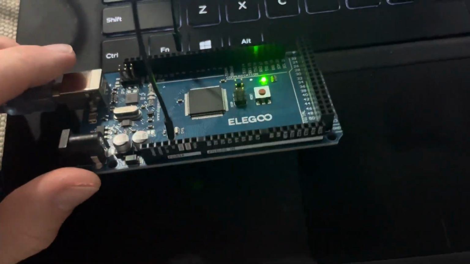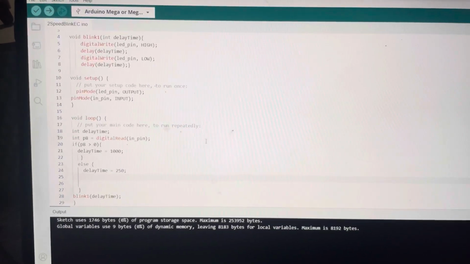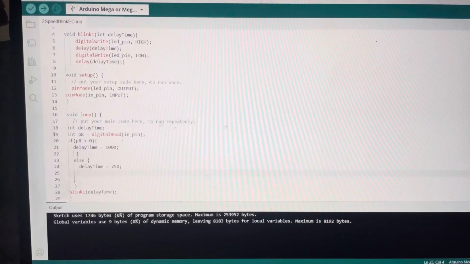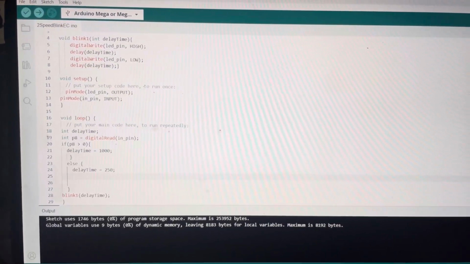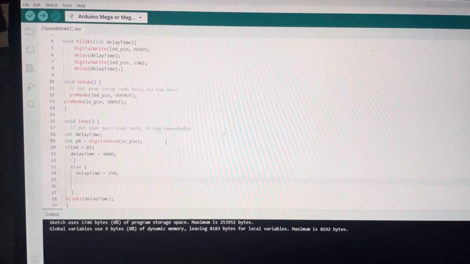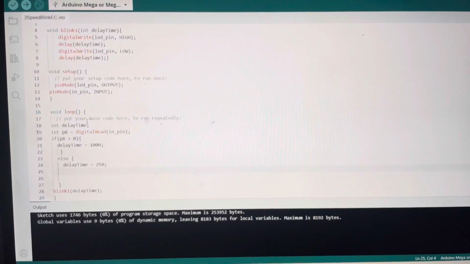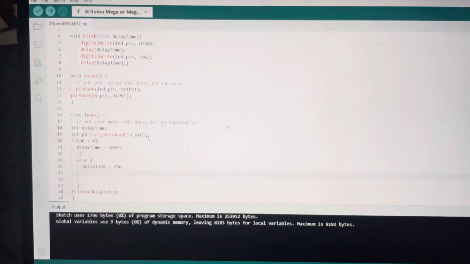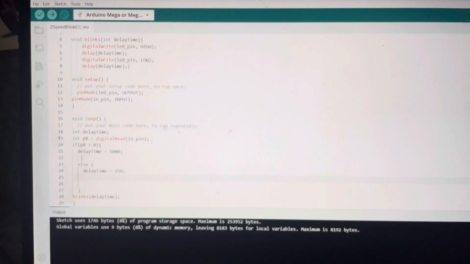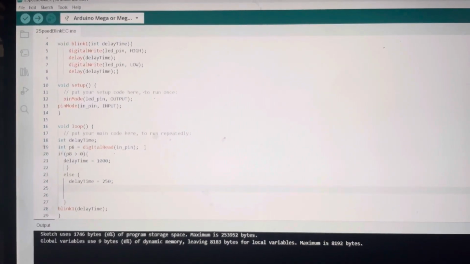Explaining the loop, our integer delay time is what we have defined there. Pin 8 is just using digital read. We pretty much just get a 1 or a 0 if there is anything being read in pin 8.